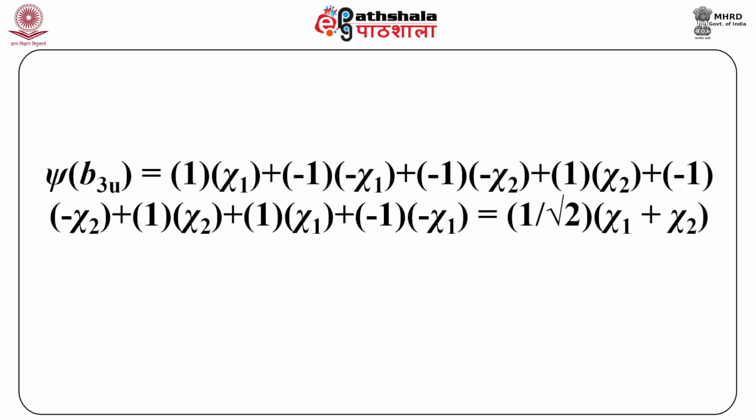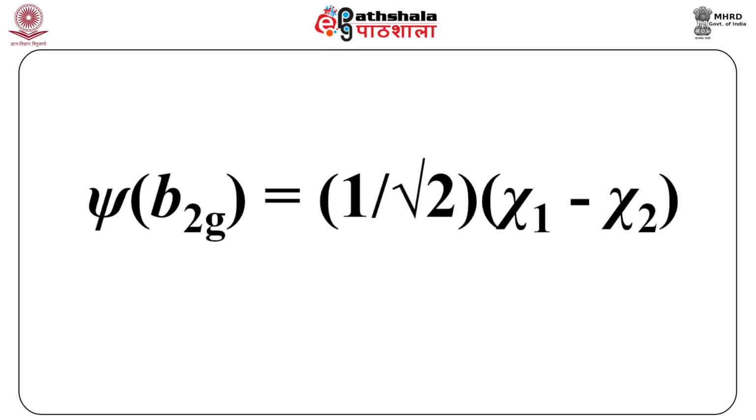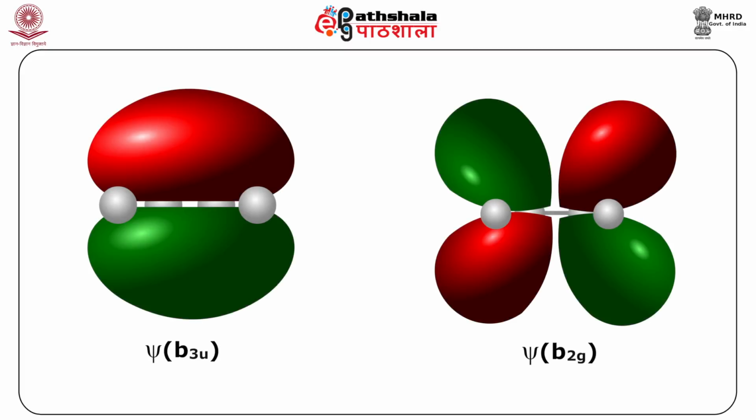After normalization for B3u, you find that the wave function psi B3u is obtained by multiplying the character of B3u for the E operation and the result of the E operation on chi1, and similarly for C2z and so on. We do this and we find that the combination is 1 by root 2 (chi1 plus chi2), and for B2g the combination is 1 by root 2 (chi1 minus chi2). These two wave functions are shown in the figure.